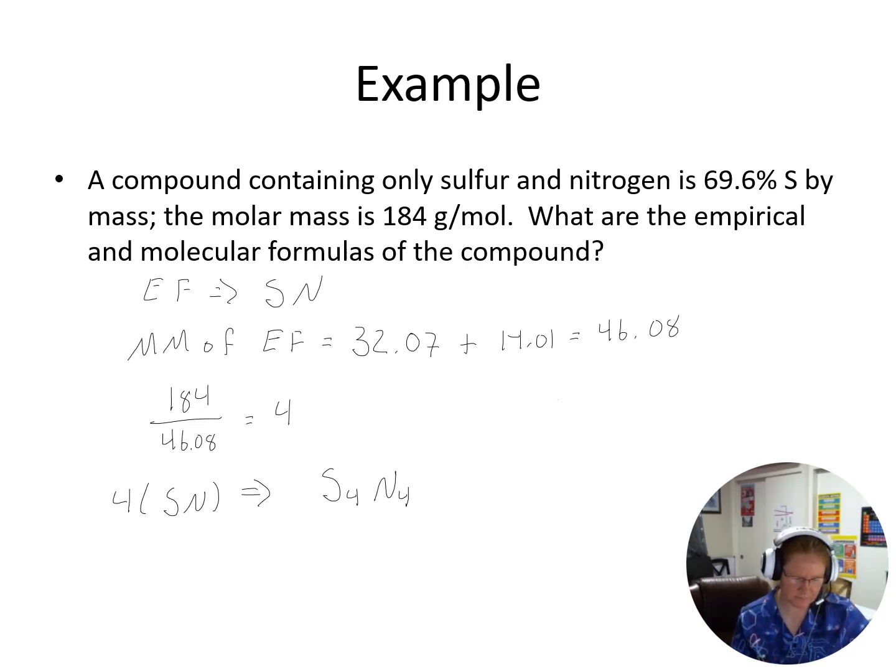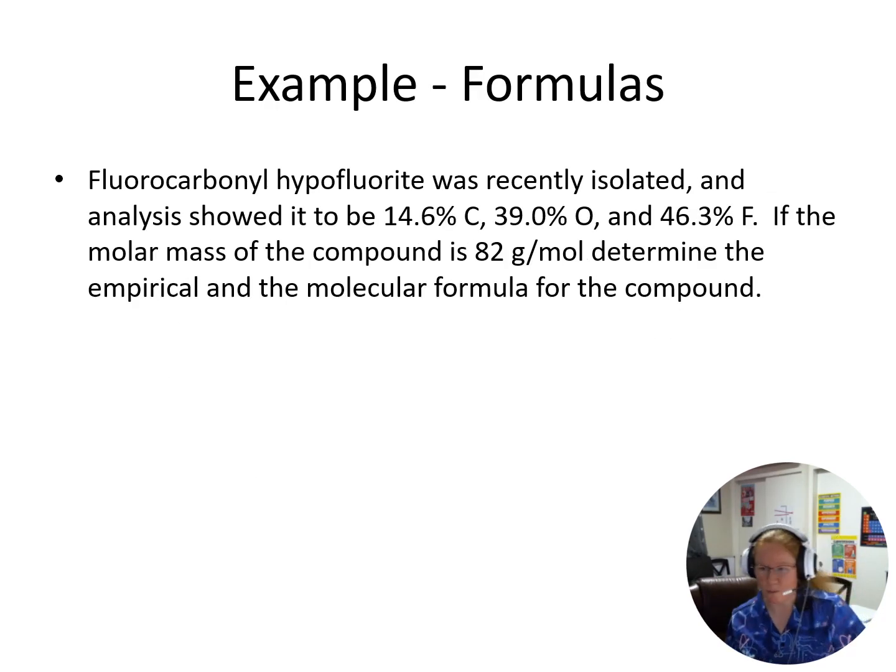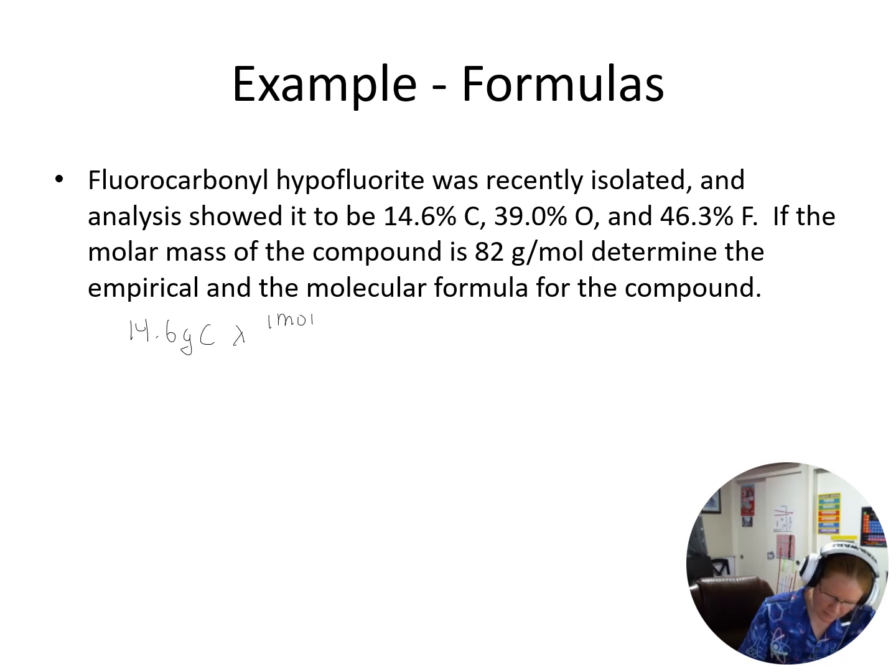We'll do one more. Now we have a percent composition for this fluorocarbonyl hypofluorite: carbon, oxygen, and fluorine. So first step, let's determine our empirical formula. One mole of carbon per 12.01 grams, we're going to get 1.21 moles of carbon.